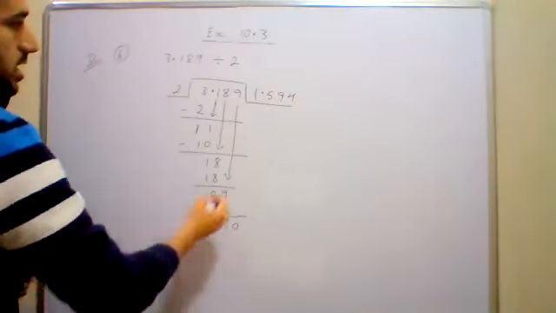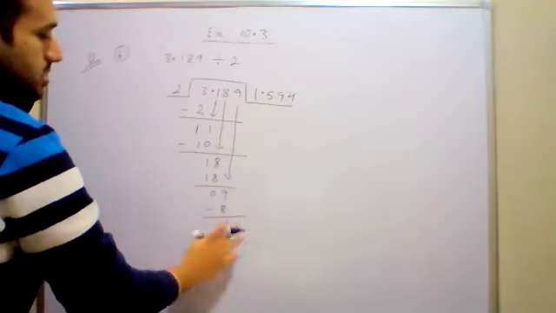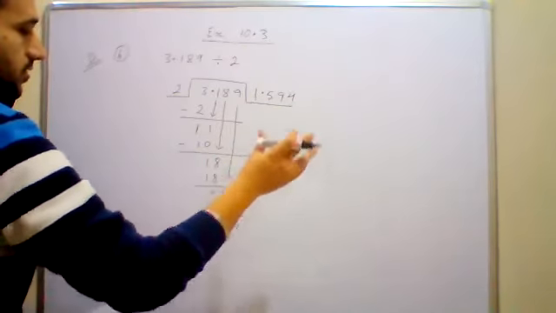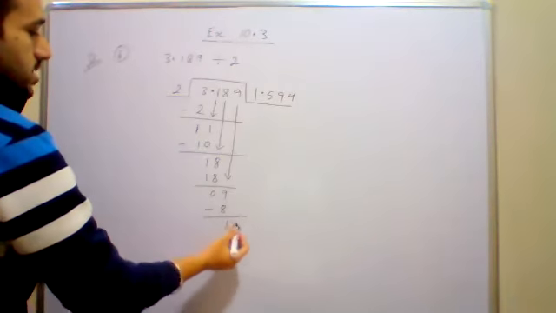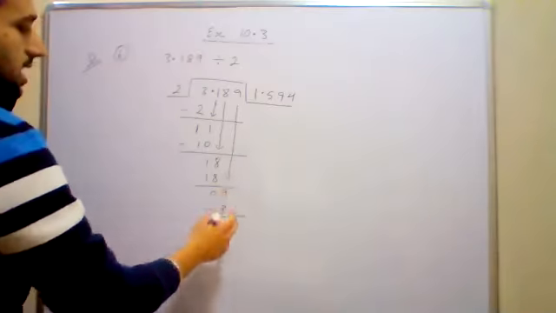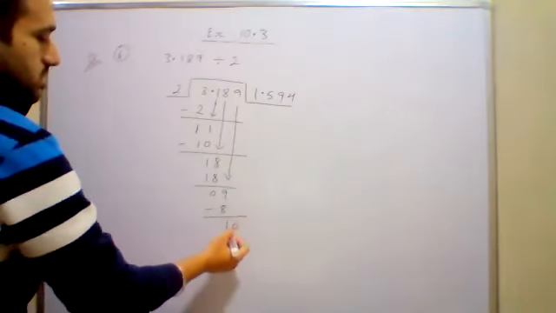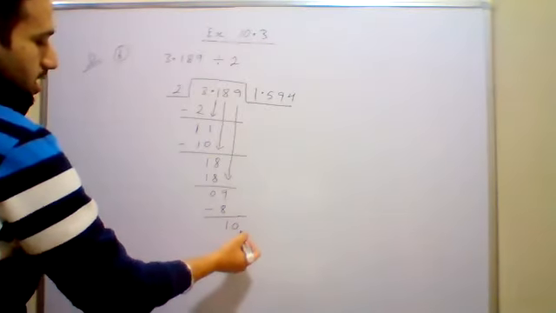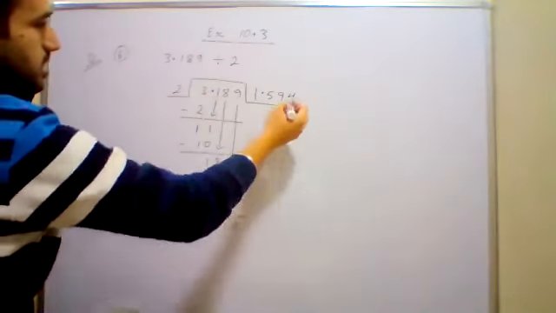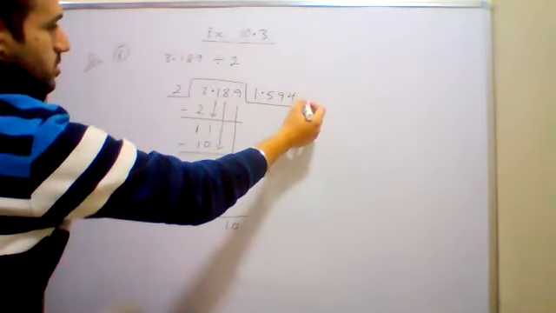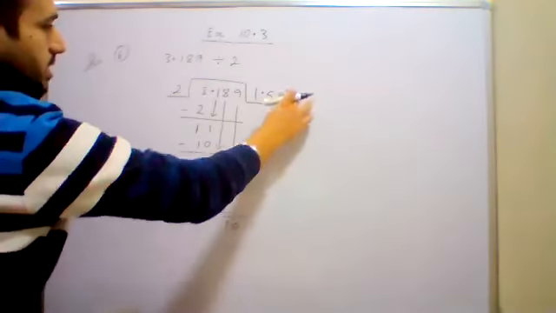One 0 is free after the decimal. You can write 1 0. This is free of cost. But if you are writing 2 zeros consecutively, the second 0 is not free. If you add a second 0, you will put a 0 in the quotient here. So 1 0 is free.